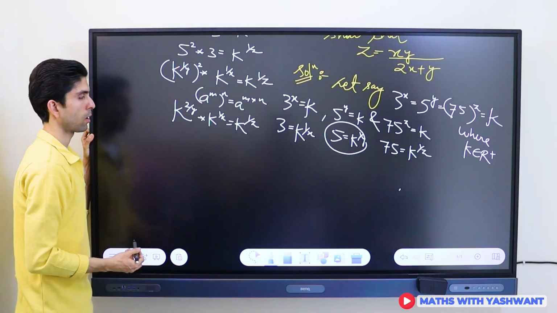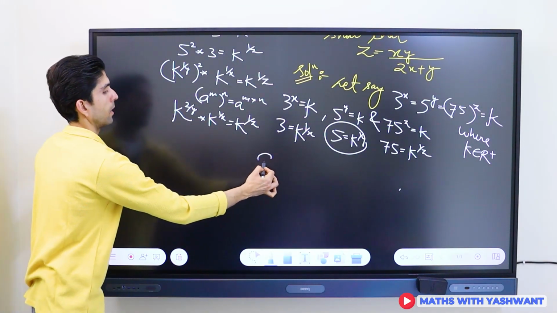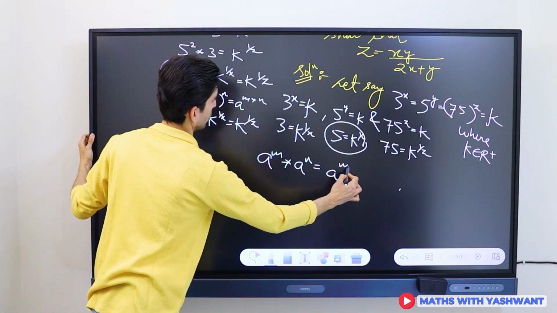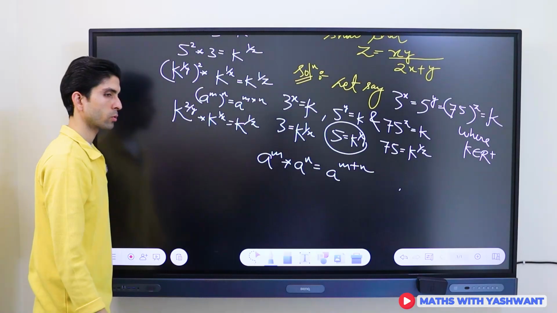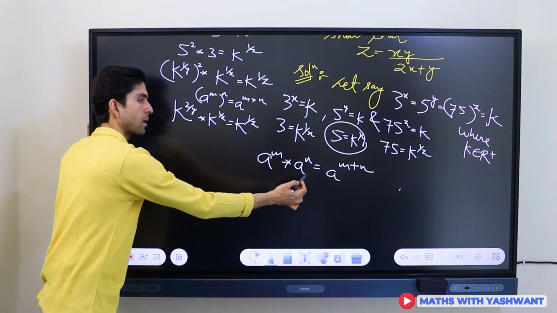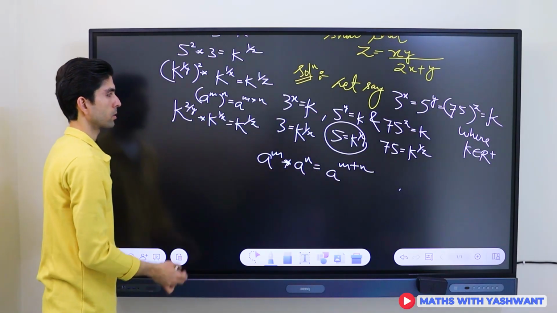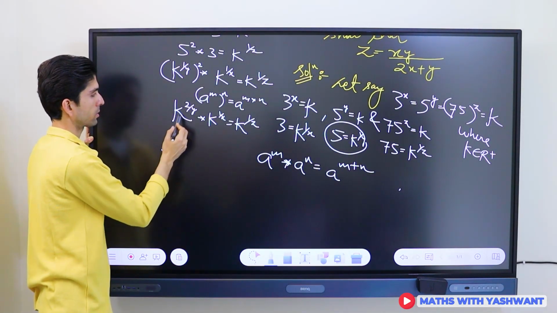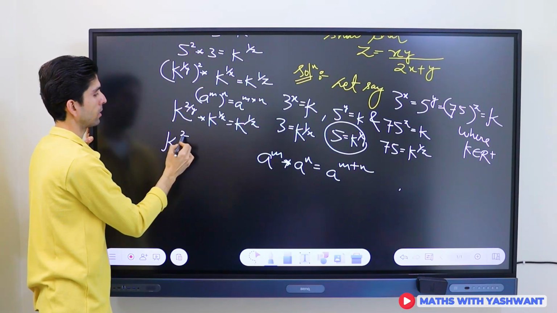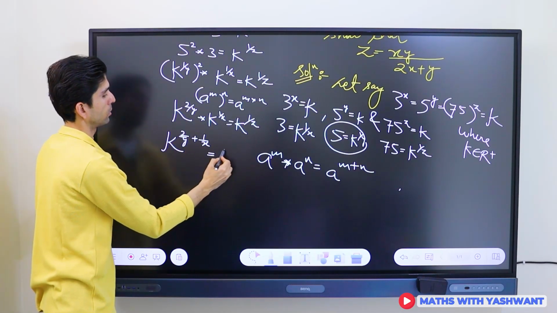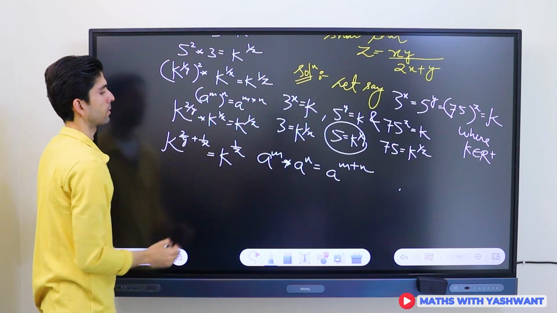Now we have a law that says a to the power m into a to the power n equals a to the power m plus n. When numbers with the same bases are getting multiplied, we add the exponents. So following this, for this equality, I can say k to the power 2 by y plus 1 by x equals k to the power 1 by z.